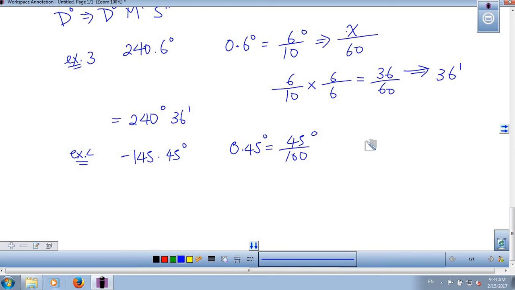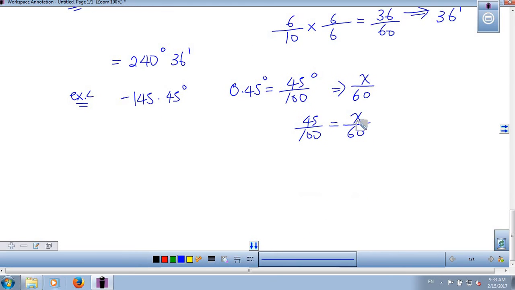We want to convert this to something over 60 because 60 is the number of minutes in a degree. So let's set our ratio: 45 divided by 100 equals x over 60. We can solve for x by cross multiplying. So it would be 60 times 45 divided by 100 equals x.